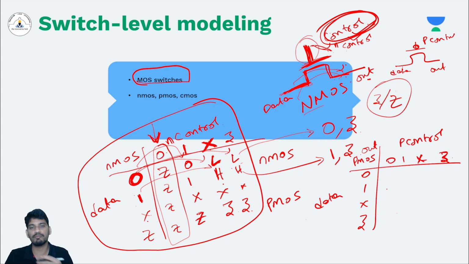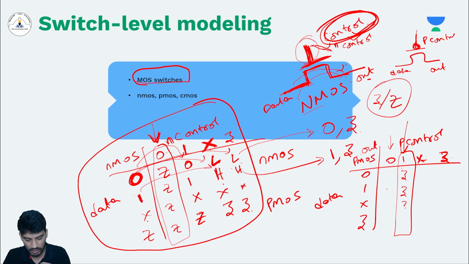What is the property of the P switch? If your P control is 0, then it will conduct. If your P control is 1, then there is no conduction, and in this case your output, irrespective of the data value, is always Z. In the conducting case, your PMOS will act as a switch and conduct whatever data is present to the output node. So this will be entirely copied here.